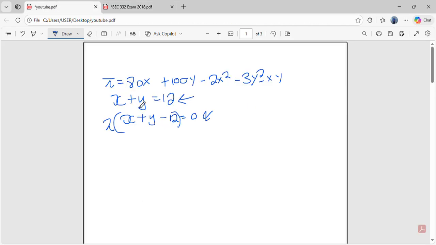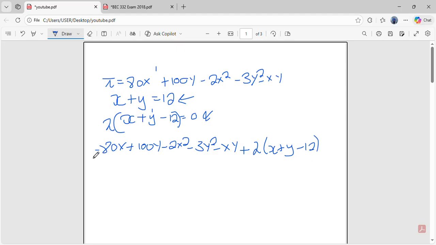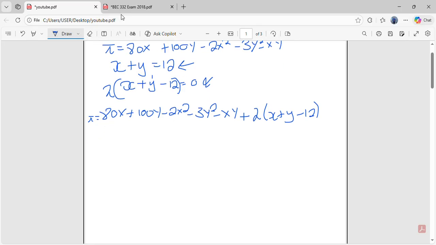So we add the original and the constraint: 80x plus 100y minus 2x squared minus 3y squared minus xy, plus lambda open bracket x plus y minus 12. Remember, this is according to the profit equation given in the original context.